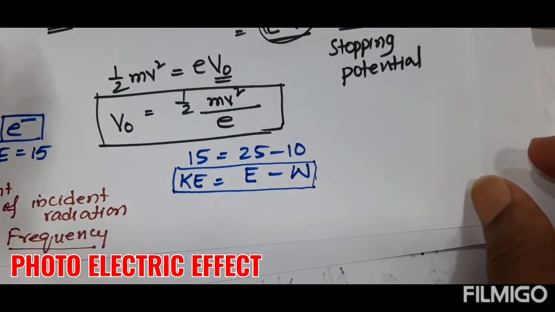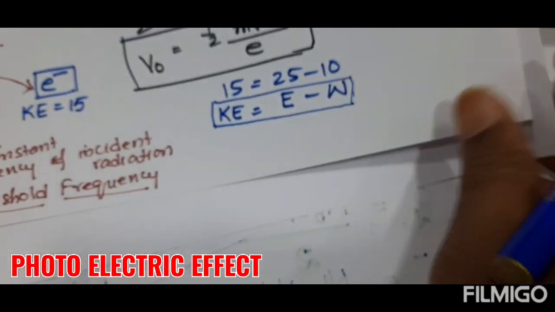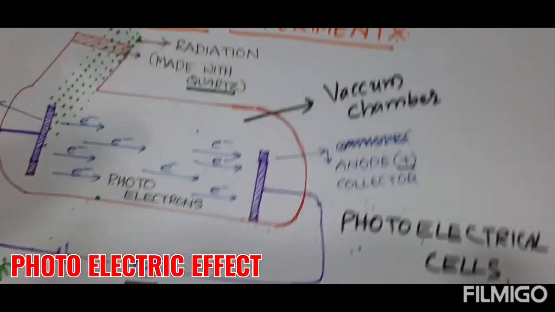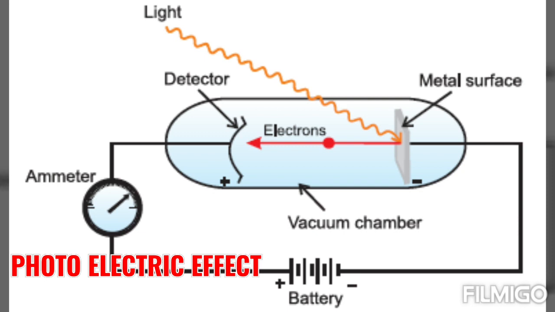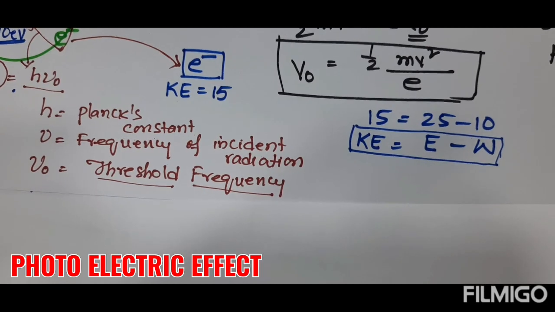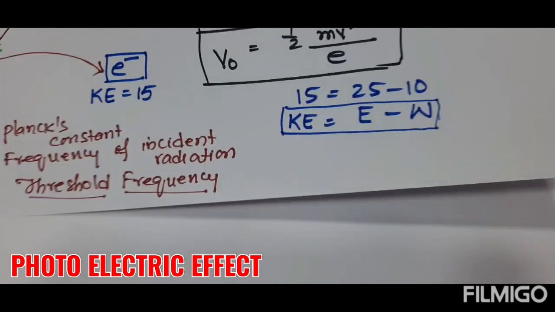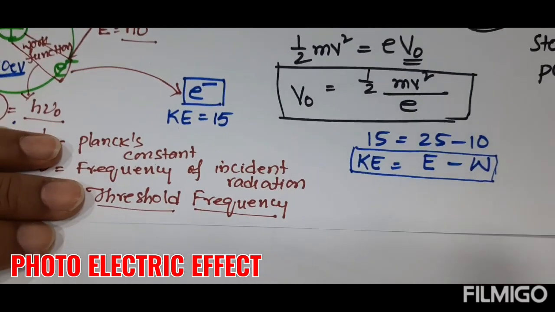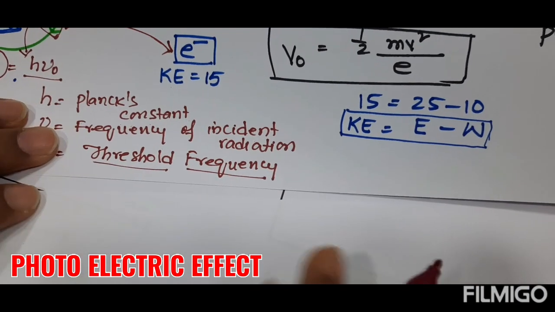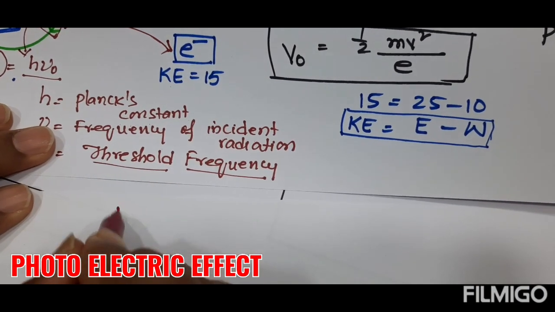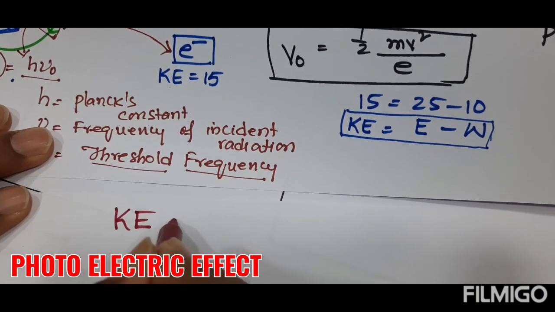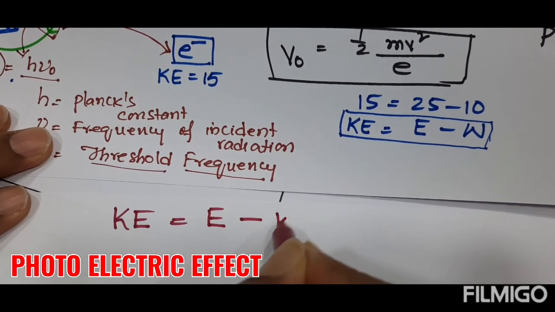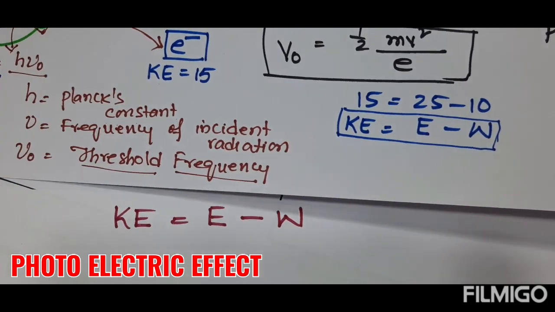We will make some more relations. From our explanation, it is clear that kinetic energy is equal to energy of the incident radiation minus work function, right?